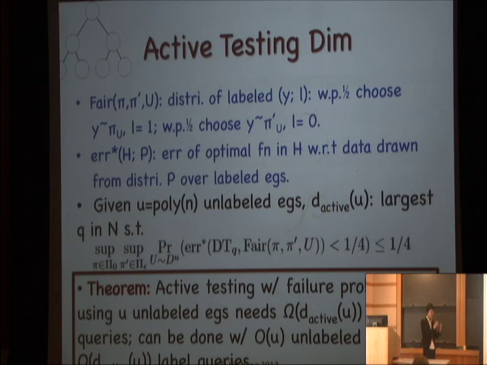You make queries, and the next query depends on the answer to the previous one. In fact, there's an even more involved notion called the coarse testing dimension, where instead of picking adaptively, we pick the path all at once. Combinatorially, that would be oblivious. But anyway, the definition with the tree is more or less the definition of active testing.